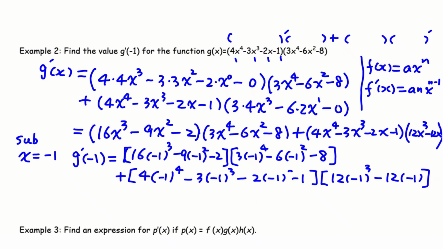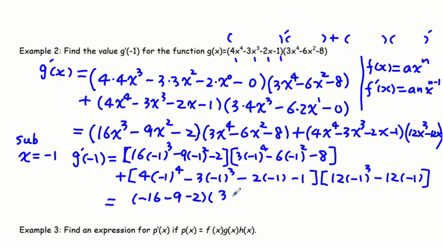Then we are using a calculator to do the calculation. You will have equals this one negative 16, this one minus 9 times 1, minus 2. Then 3 times negative 1 to the exponent 4 is positive 1, so it's 3.